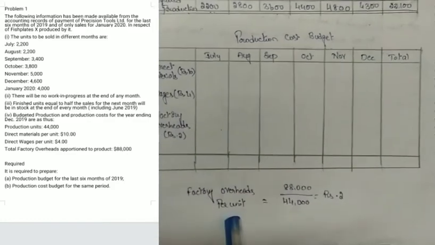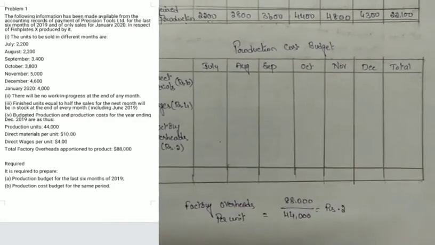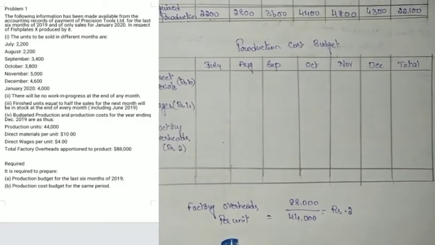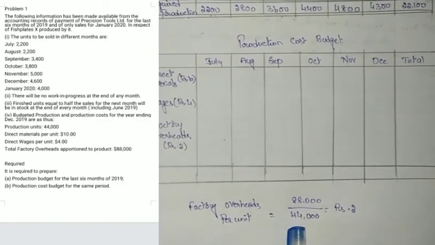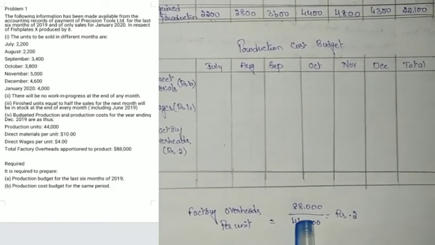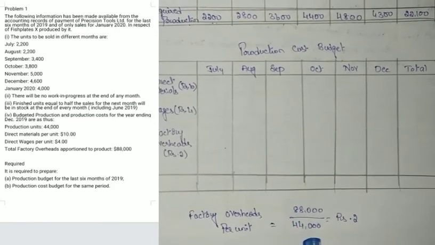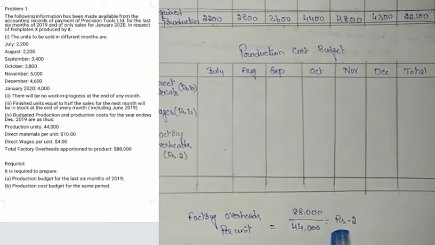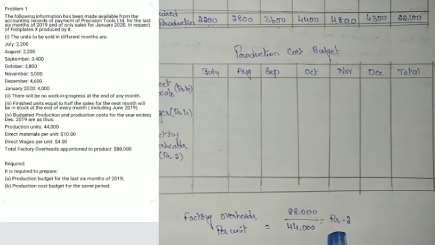So we have to calculate the factory overheads. They have given the factory overheads apportioned to product, 88,000 rupees, and they have given the production units. So if you divide these two, you will get the factory overhead, that is rupees 2 per unit.